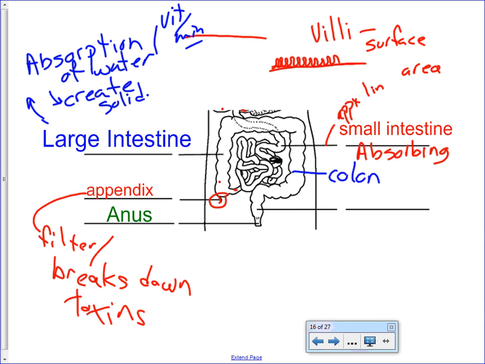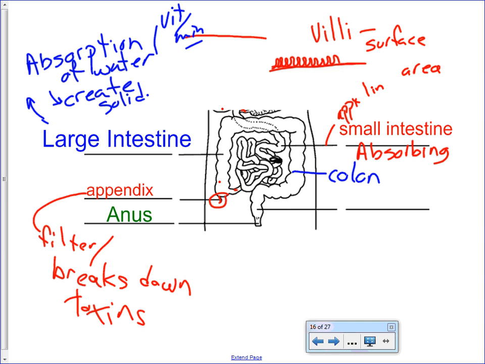Now, if you want to know just what an excellent job your large intestine is usually doing, what happens if you have a bacterial or flu virus, and your large intestine's not absorbing the water? What happens? Yeah, diarrhea, right? Especially in little kids, they can become very, very dehydrated because they literally can't drink water fast enough because it's not being absorbed.